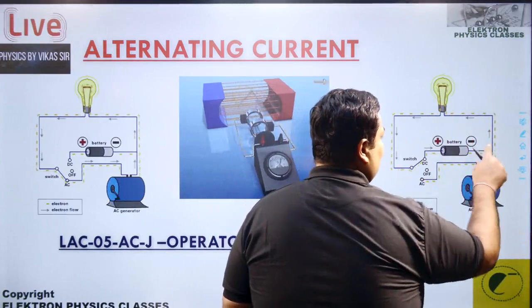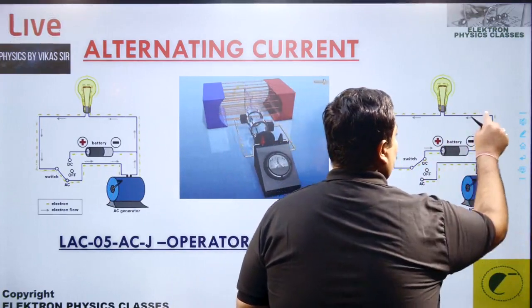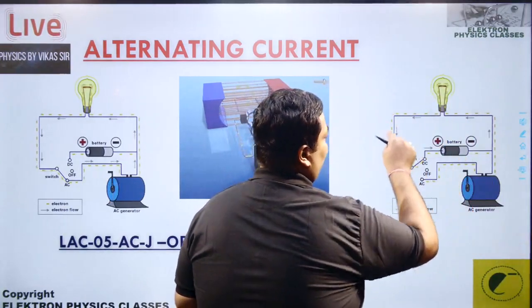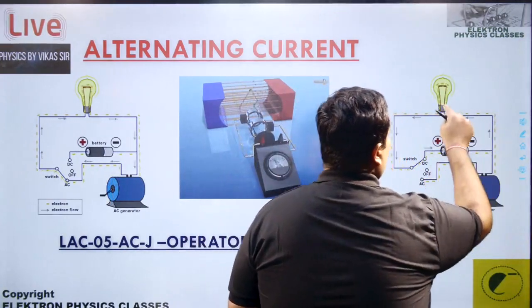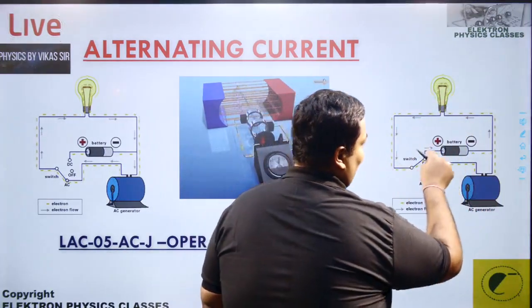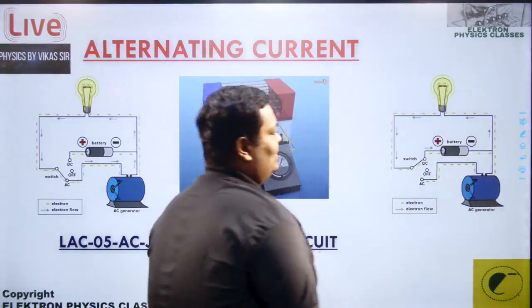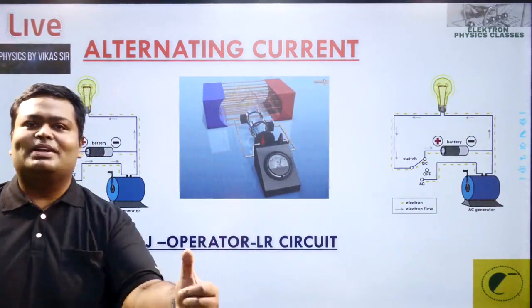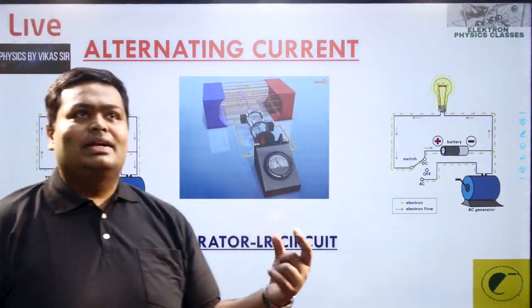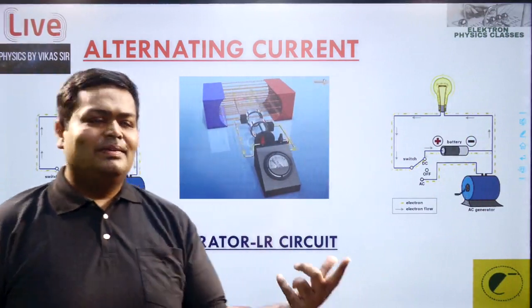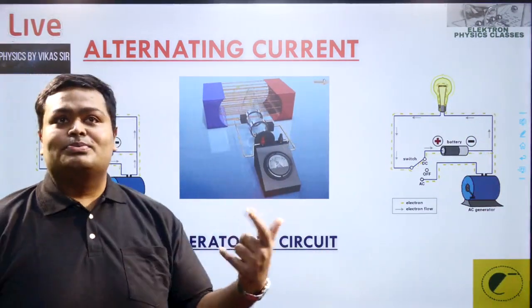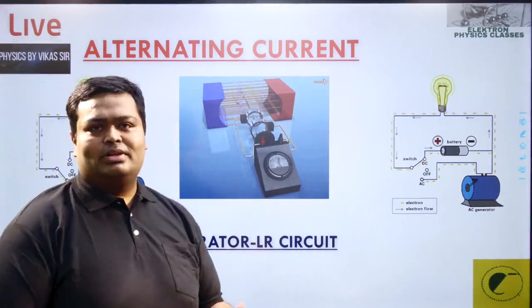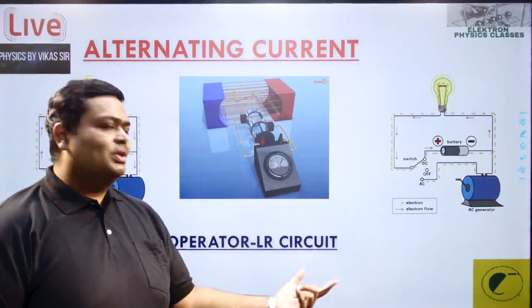You can see what happens in a DC: it's a smooth flow of charged particles with the drift velocity. You do remember that it is of the order of 10 power minus 4 meter per second, while the electric field propagates with the speed of light, but the charge carriers drift with the drift speed.